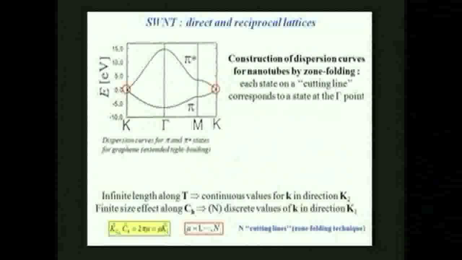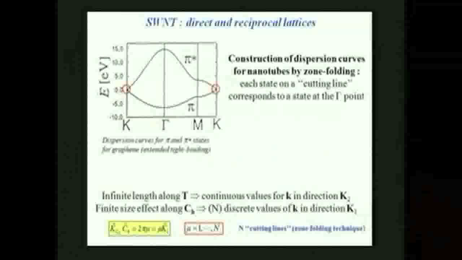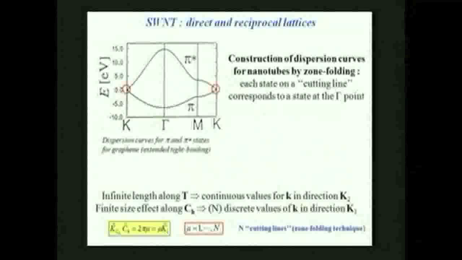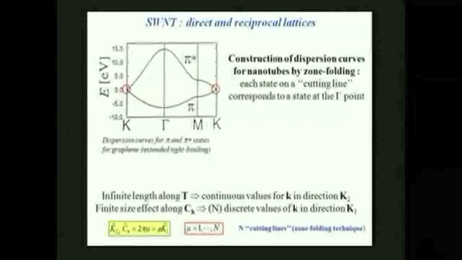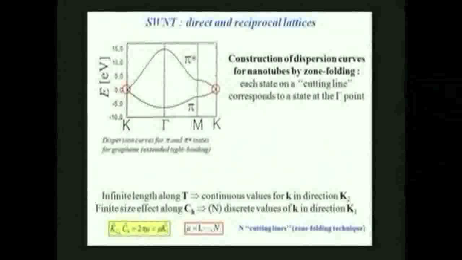Now we come back to graphene. So we observe the reciprocal lattice, both for nanotubes and graphene. And now we have to calculate precisely the electronic states for nanotubes. And we say that we can calculate that, provided we know those of graphene. So I show you the result for graphene.